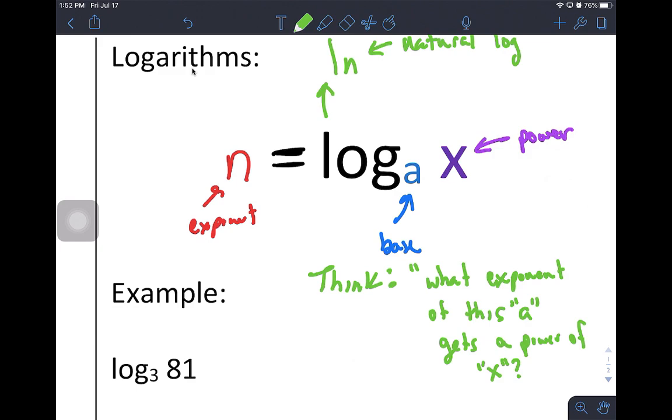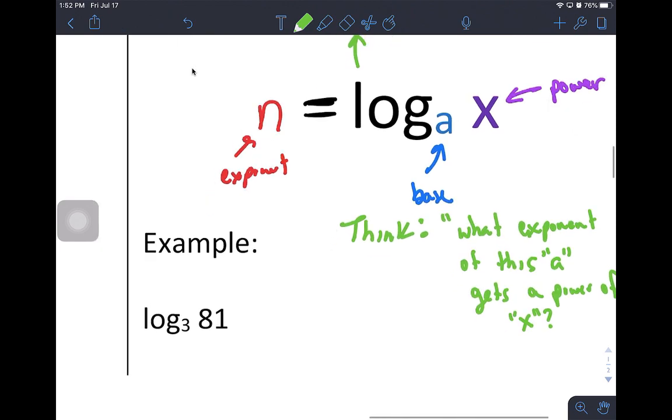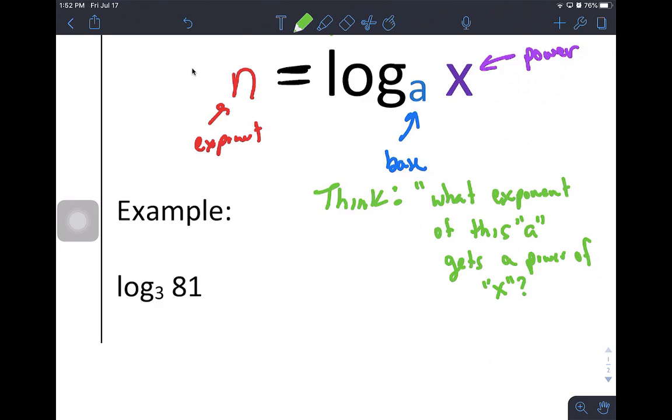So when I take a look at this first example, I need to figure out, what exponent of 3 gets me a power of 81?